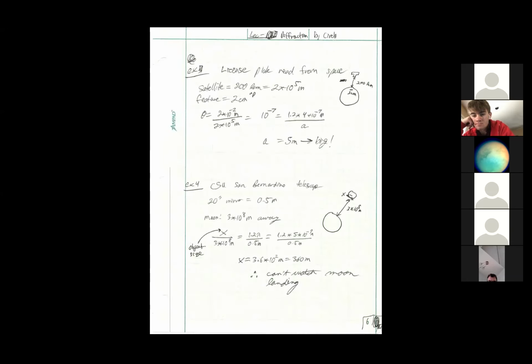Now, it is claimed that DoD can read your license plate from space. It would be the National Reconnaissance Office, which is under DoD. So a satellite is going to be maybe 200 kilometers up, and that's 2 times 10 to the 5th meters. And to read a license plate, realistically, you're going to need at least 2 centimeter resolution.